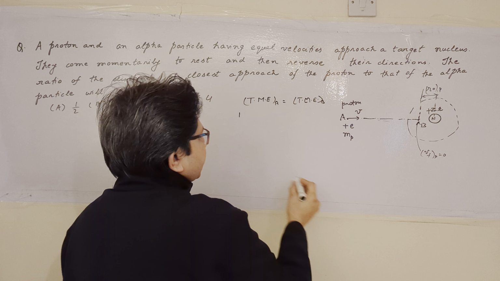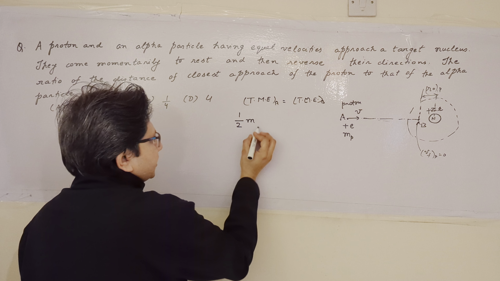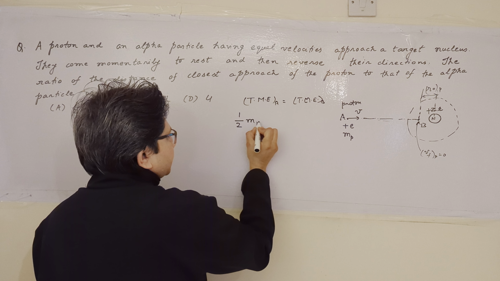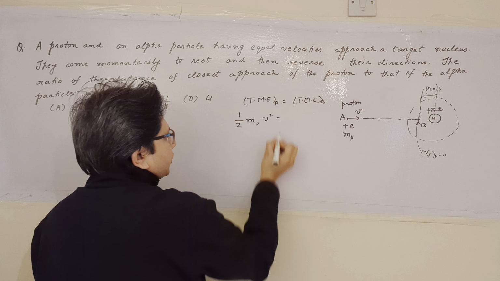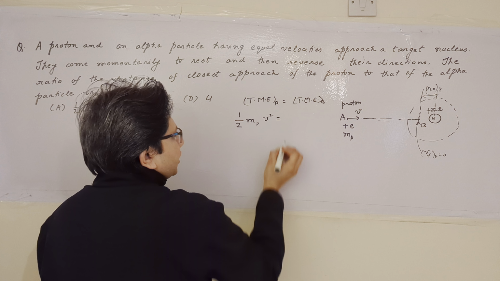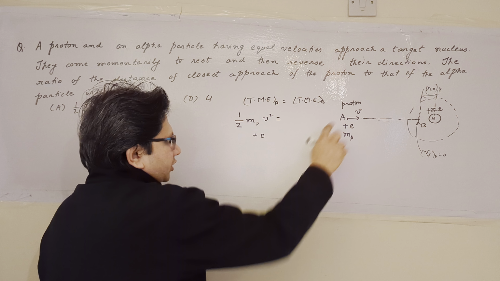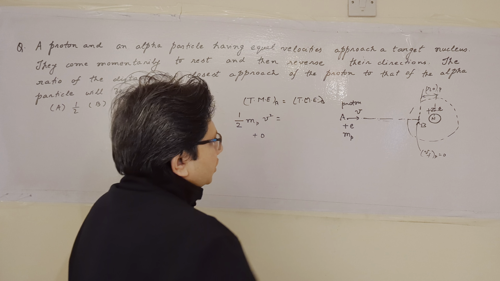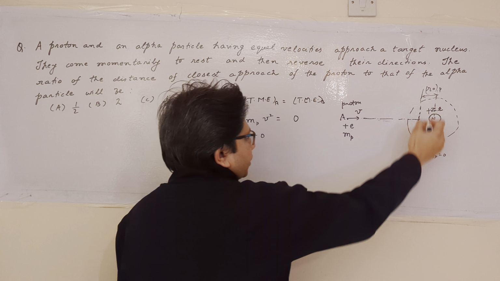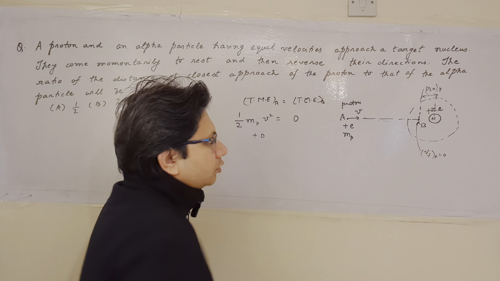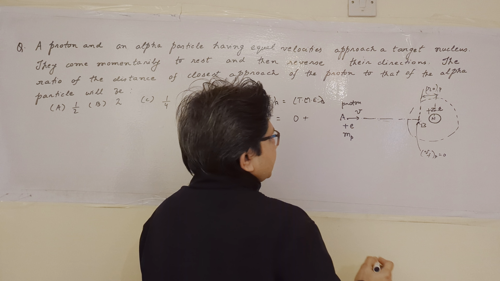So the main energy here is the kinetic energy, and we can write the expression for the kinetic energy as half m subscript p, which is the mass of proton, into v square, the velocity square, plus 0 because the potential energy at point A is 0, is equal to the kinetic energy at point B, which is equal to 0 because the velocity of the proton becomes 0 here. So the kinetic energy is 0 plus the potential energy.